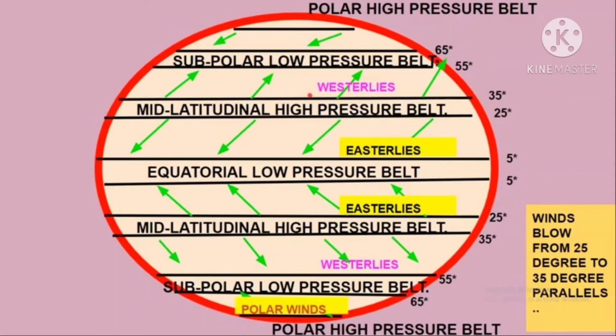When we consider the earth as a whole, we find the direction of the wind is influenced by the motion of the earth. In the northern hemisphere, winds get deflected towards the right of their original direction, whereas in southern hemisphere they get deflected towards the left of their original direction.